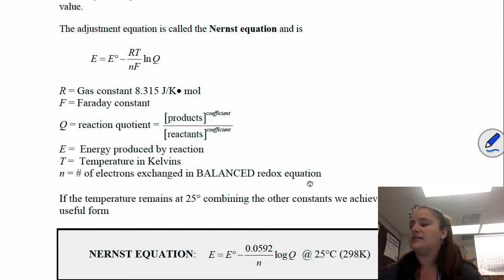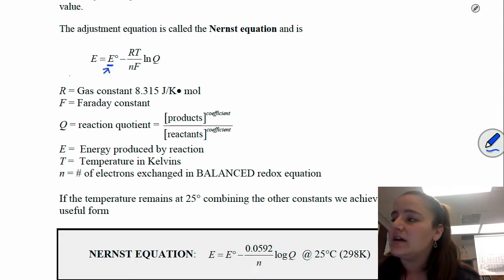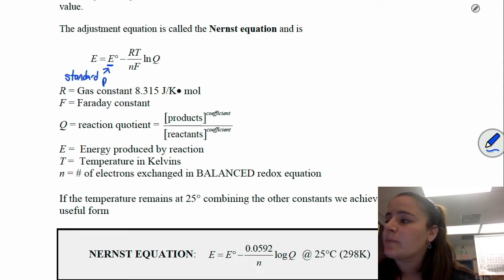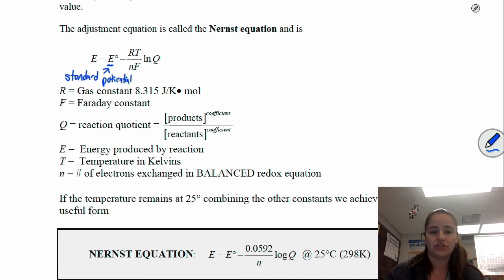And it is the energy of that cell equals your standard energy. So this is your standard potential, the one that you get using those standard reduction potential charts. We have R, our gas constant, the energy one, the one with joules. F is our Faraday constant.